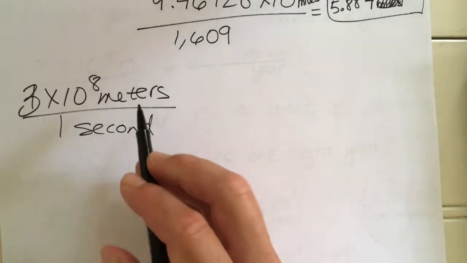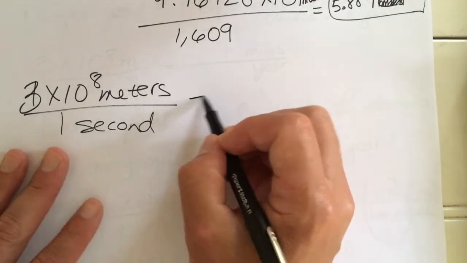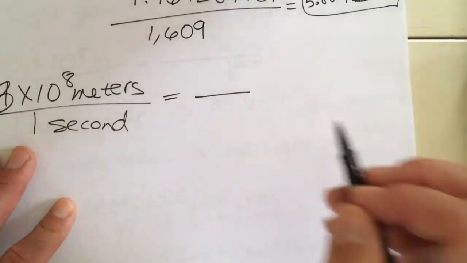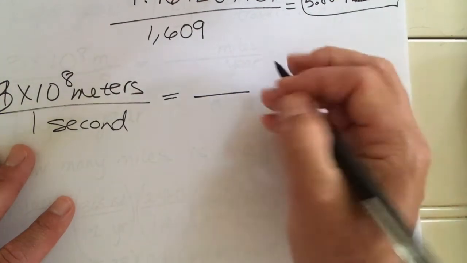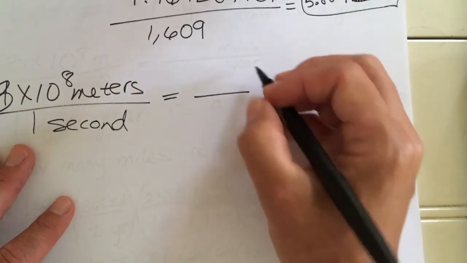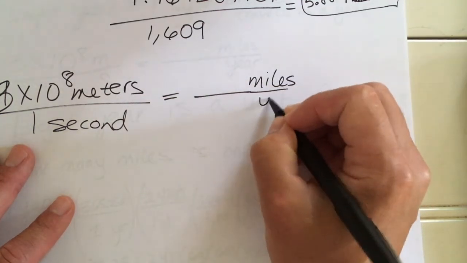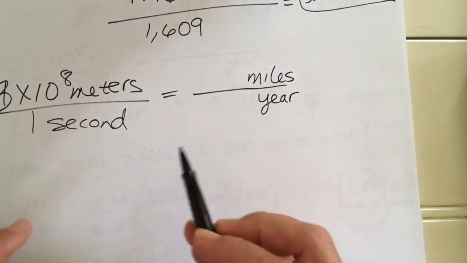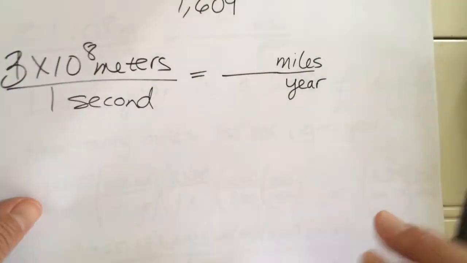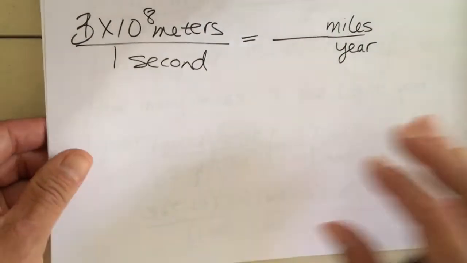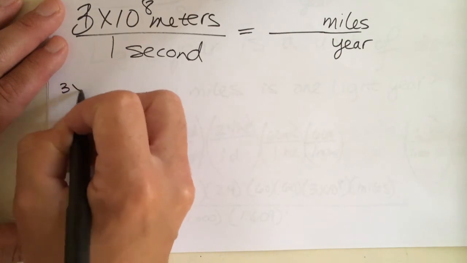And then you change this into miles per year, right? So you get the bottom to be years and the top to be miles. All right, I'm going to probably need to write this. I think I have enough room here. I'm going to write it smaller though.